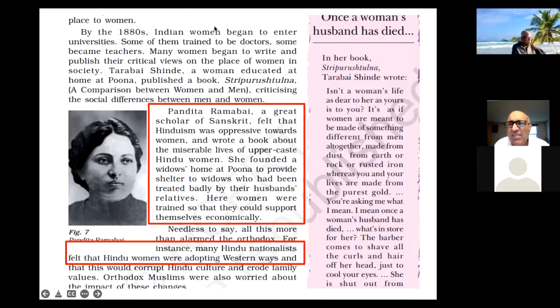So one after another, she was suffering from some social calamity, some family problem. Then now she was a widow, she was pregnant, she had a daughter. What she did, she started conducting a tour of Pune and the surrounding areas, where she would go and preach. And what was the thrust?